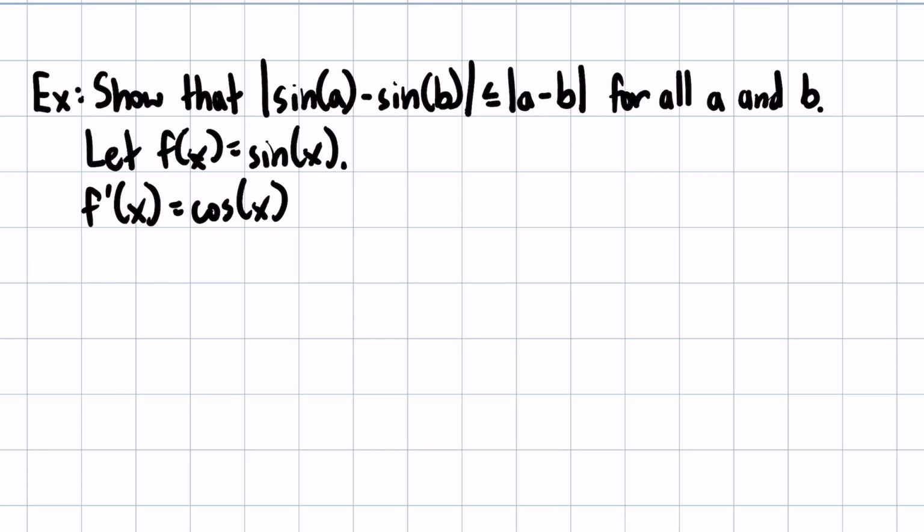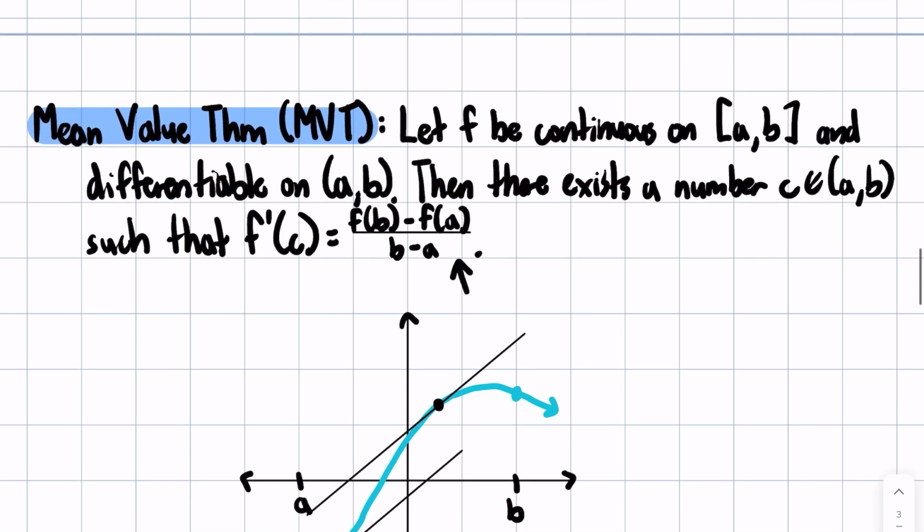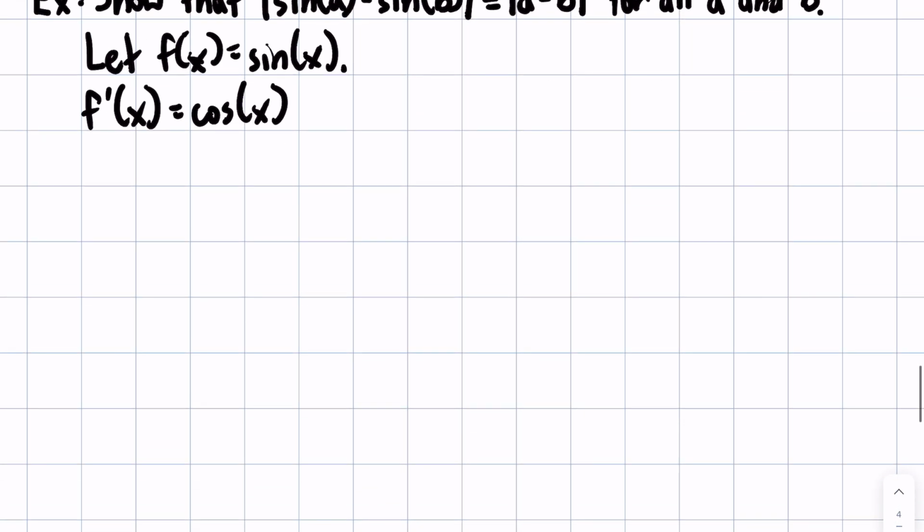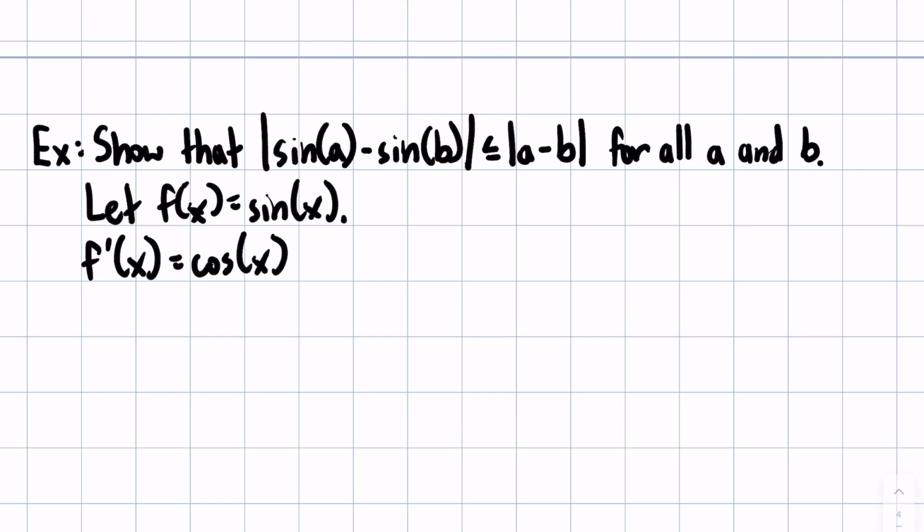So let's look at what the mean value theorem, or MVT, requires. So if f is continuous on the closed interval and differentiable on the open interval, then there's some number where this applies. So f of x equals sine x is actually continuous and differentiable everywhere, right?